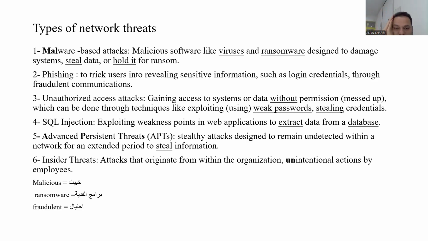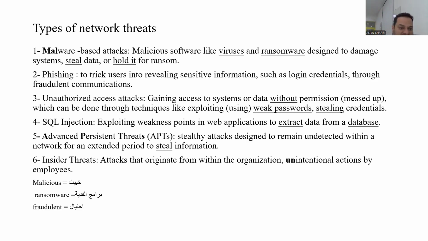These are very important to you, to your job. When someone steals it, he will ask for money to hold them. Okay, that belongs to SQL injection, exploiting weak points in web applications to extract important data from your database.